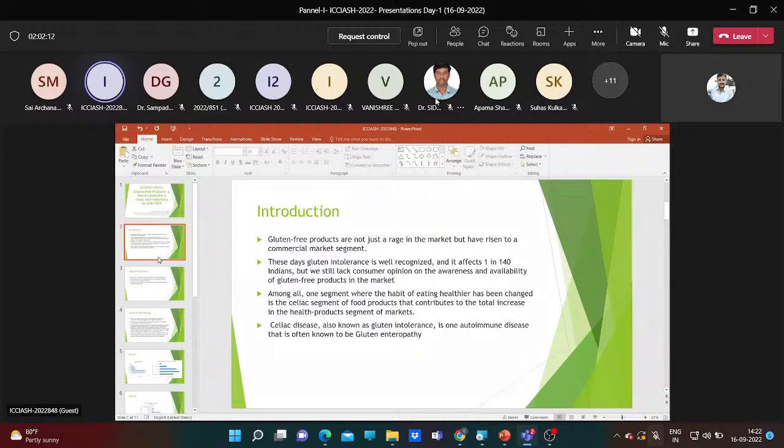Gluten intolerance is a disease called celiac disease, which is also an autoimmune disease, and it has shifted the consumer base toward celiac-free products from a healthy perspective.